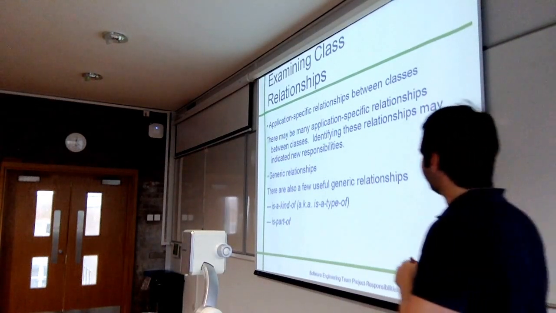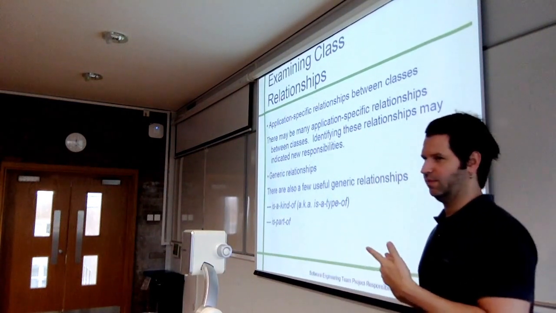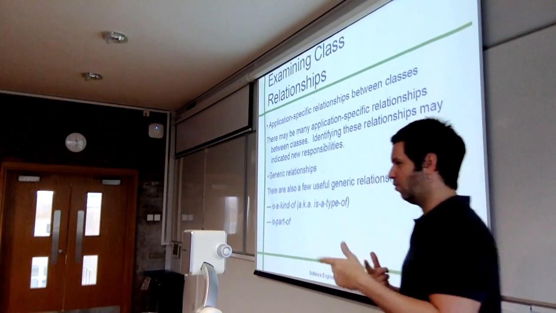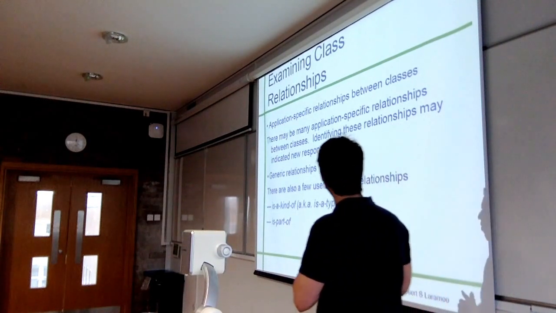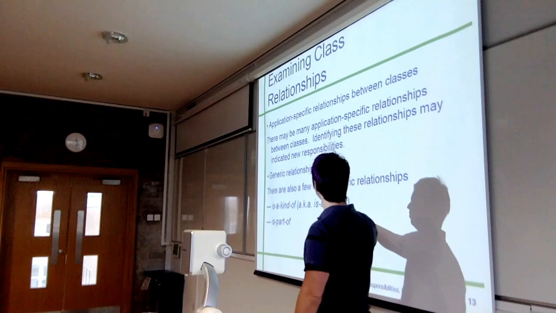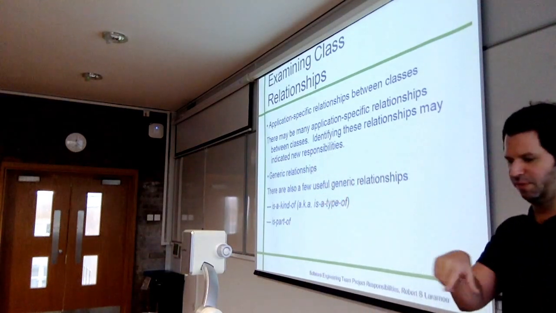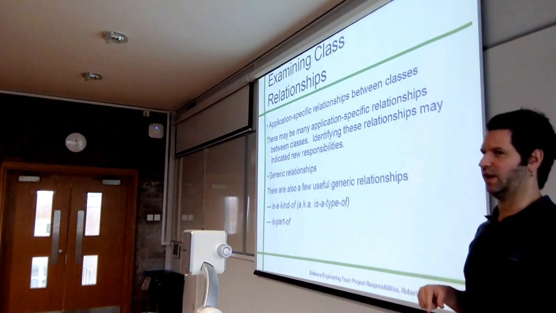Right, so there are a few that appear over and over again. Like the client-server appears over and over again. Here's another one. Is kind of and is part of. These two appear over and over again, and they already appeared in the first exercise.